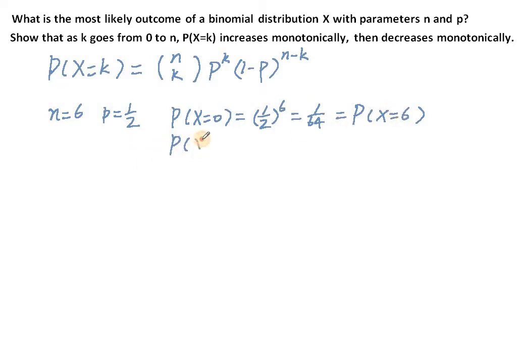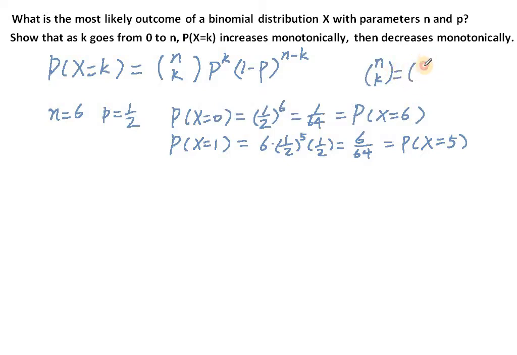And then probability of X equal to 1 would be 6 times 1/2 to the 5, so 6 over 64. And actually by symmetry, this is equal to X equal to 5. One of the reasons, as you can see, is because n choose k is always equal to n choose n minus k.